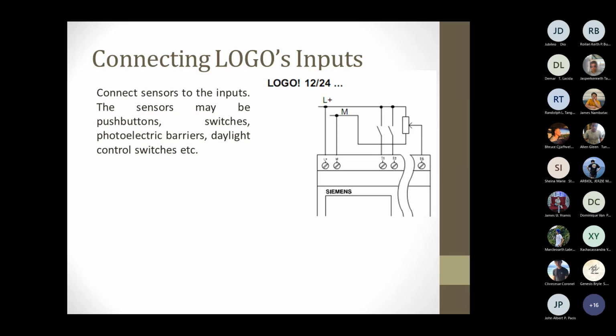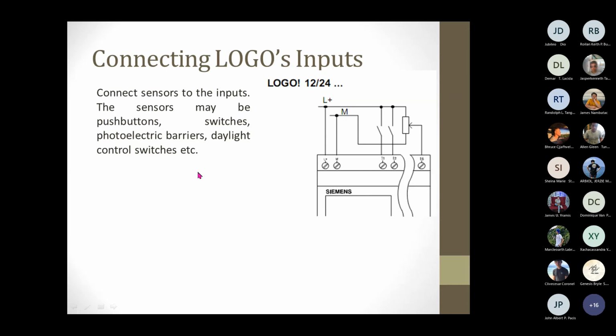The answer is, it is sinking type. Why sinking? Because the positive terminal is not connected directly to the PLC, the negative terminal is. Positive is connected to one end of the switch, and then the switch is connected to the input address, making it a sinking type PLC.